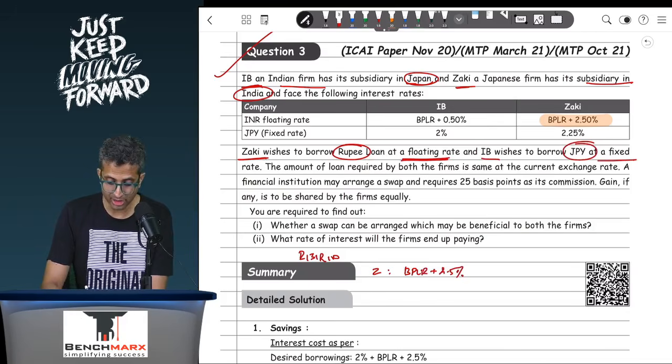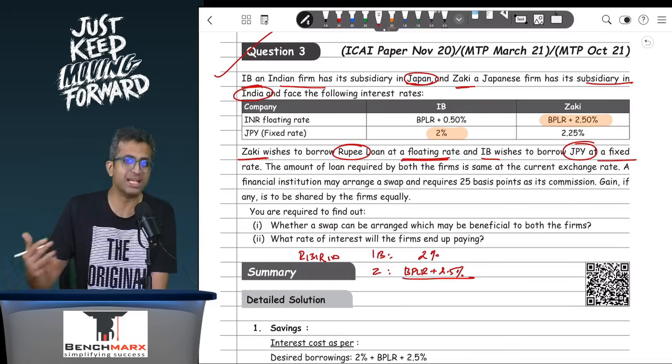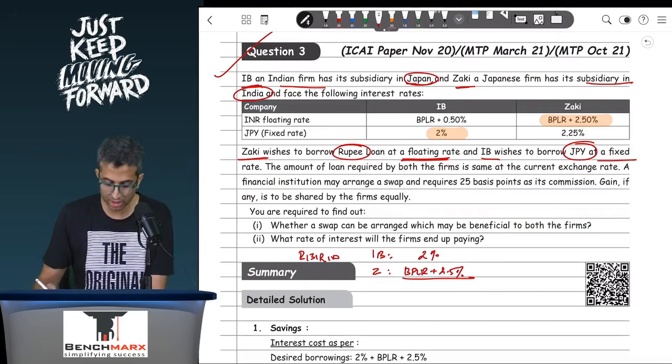So for IB, the relevant rate, the desired rate is JPY fixed. So for IB, the rate is, for example, 2%. So if I look at the total combined borrowing cost for both the parties, this will be BPLR, I think base prime lending rate, plus 4.5% approximately.